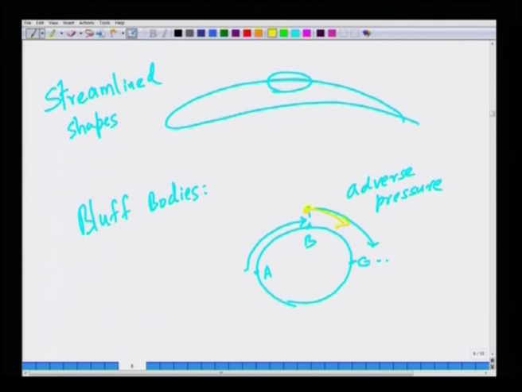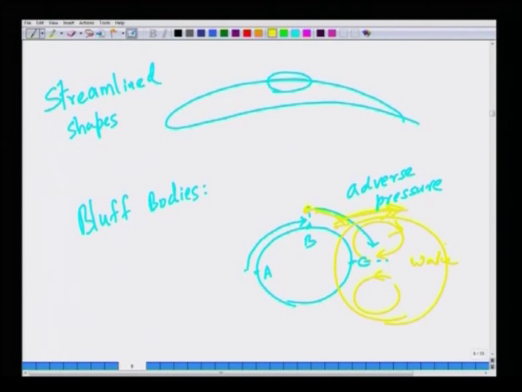At some point the particle will come to a stagnant state, and then it will be washed away by the surrounding flow. So, this region of recirculating fluid flow is called the wake. The boundary layer theory fails here because the viscous effects are no longer confined only to a small region close to the solid surface.